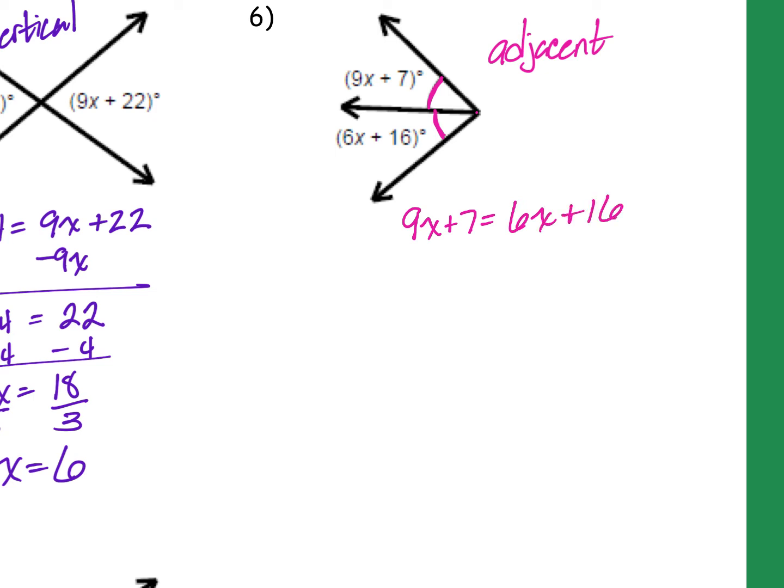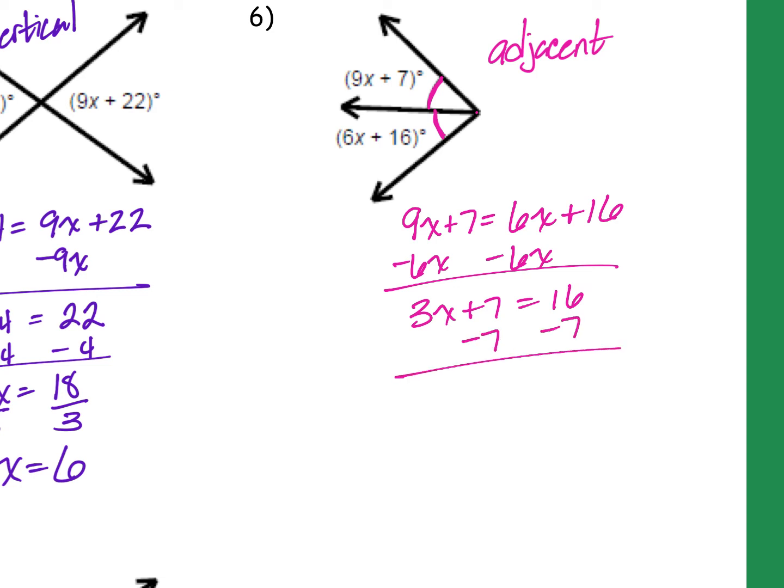Now I'm going to solve it exactly like the last one. I'm going to subtract 6x, and I get 3x plus 7 equals 16. Then I subtract 7, and I get 3x equals 9. Divide by 3. X equals 3.